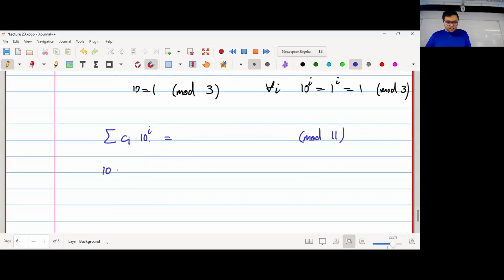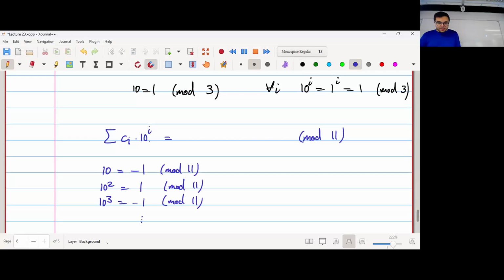Here's an interesting thing. 10 is the same as minus 1 modulo 11, right? So 10 to the power of 2 is going to be the same as 1 modulo 11. And then 10 to the power of 3 is again minus 1. And so on.